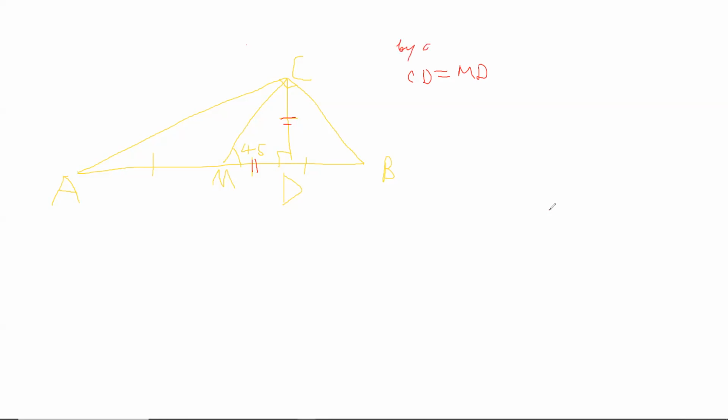And since M is the midpoint of AB, by fact 1 we can see that CM is also equal to AM and BM. Very good. So we know that AMC is an isosceles triangle. So this angle here would be 135 degrees, and the two angles here would be 22.5 degrees each.